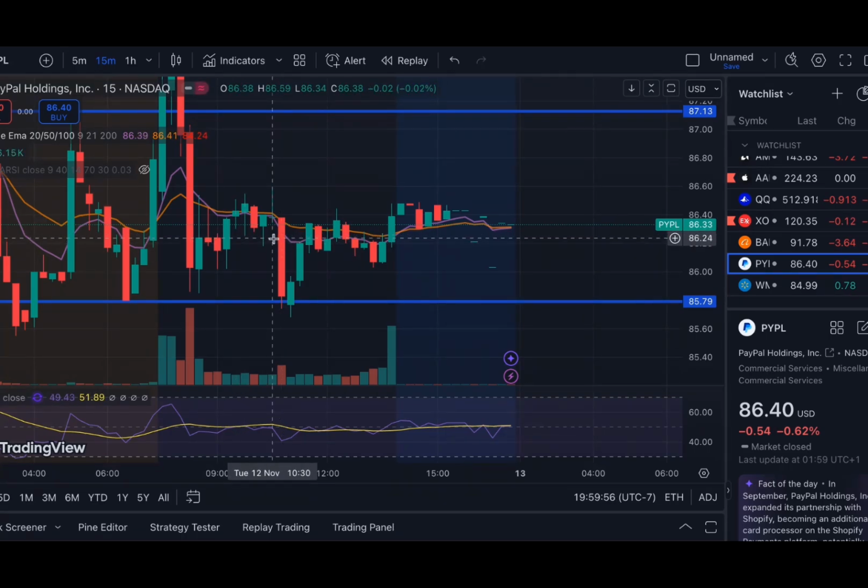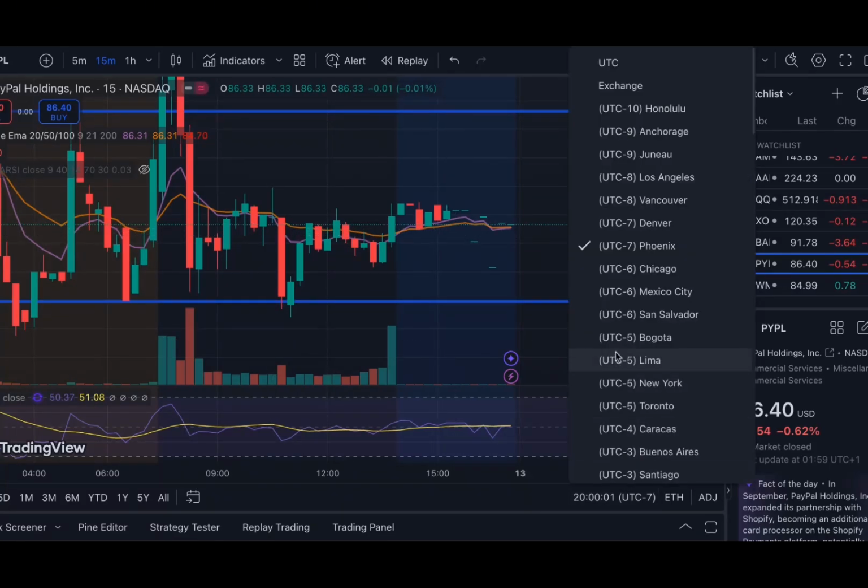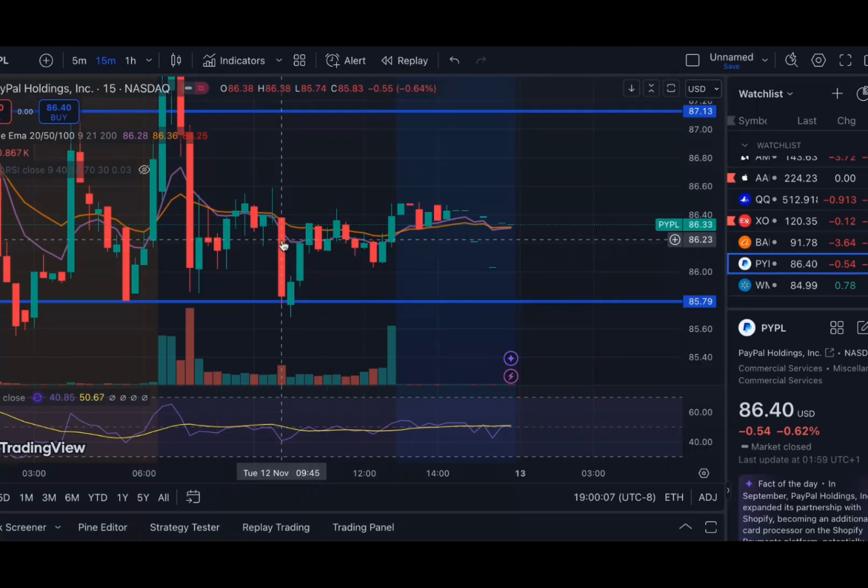Okay, 10:32. So I called it somewhere here, I believe. So PayPal was somewhere here when I called it out, right? It pulls back, goes higher, pulls back, goes higher, pulls back, and then it consolidated.